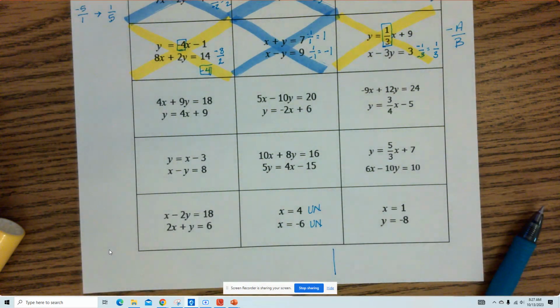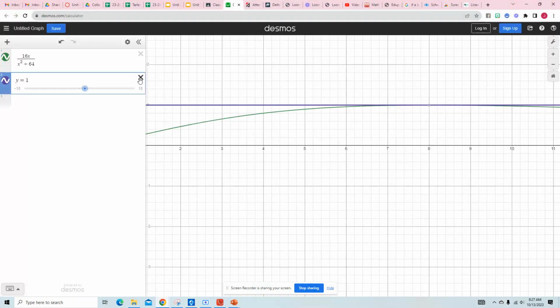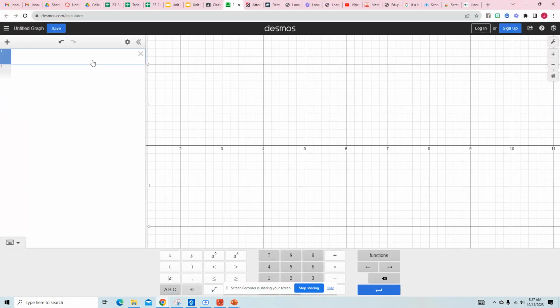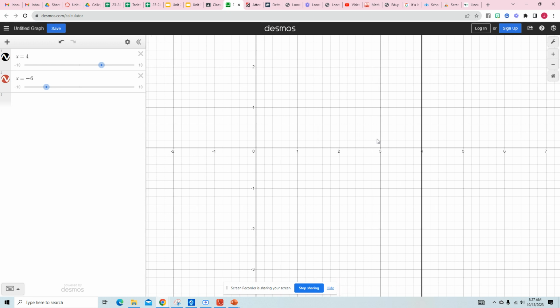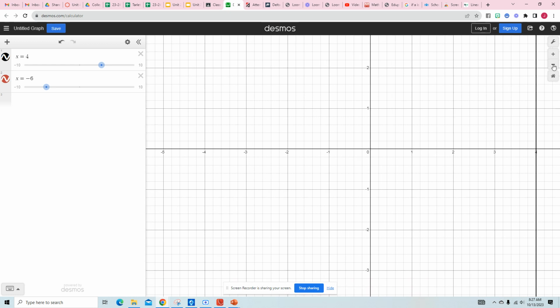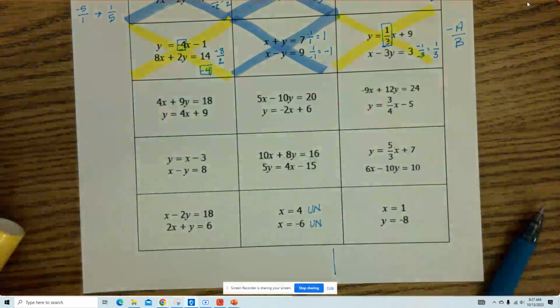Actually, I can show you on a Desmos graph. So let me actually show you this on Desmos. So x equals 4, x equals -6. Zoom out a little bit. Here's x equals 4. Here's x equals -6. They're parallel.